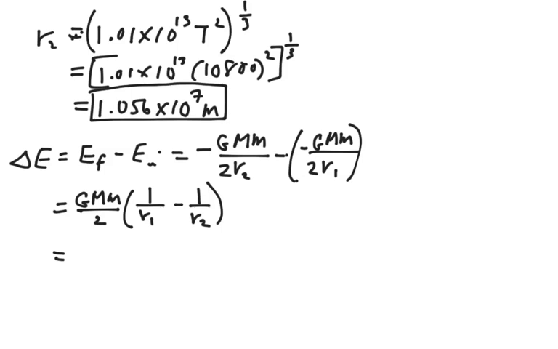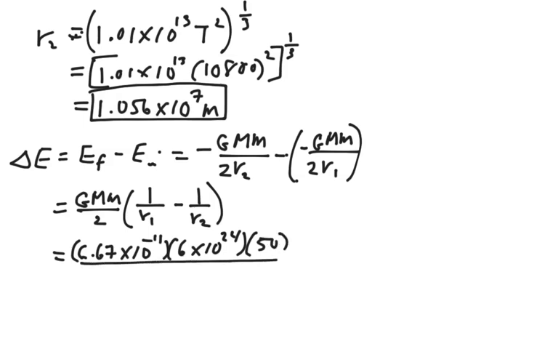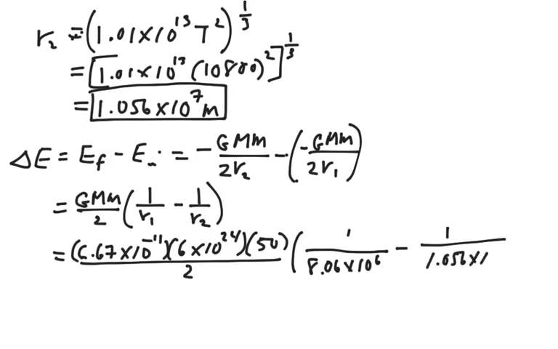So this will be 6.67 times 10 to the minus 11, mass of the Earth, 6 times 10 to the 24, mass of the satellite, 50 kilograms, over 2, times 1 over R1. R1 was 8.06 times 10 to the 6, minus 1 over R2, which is 1.056 times 10 to the 7.